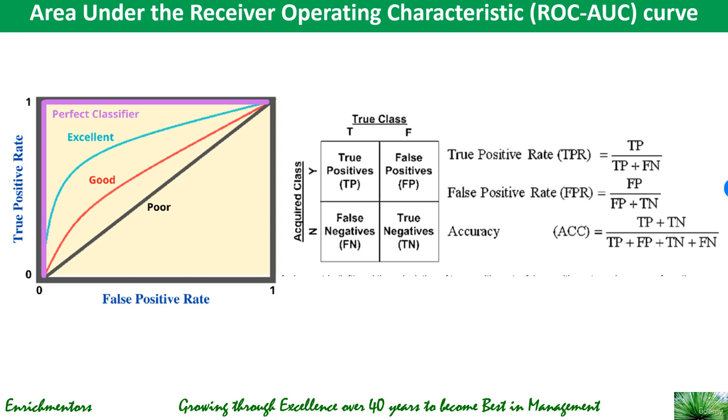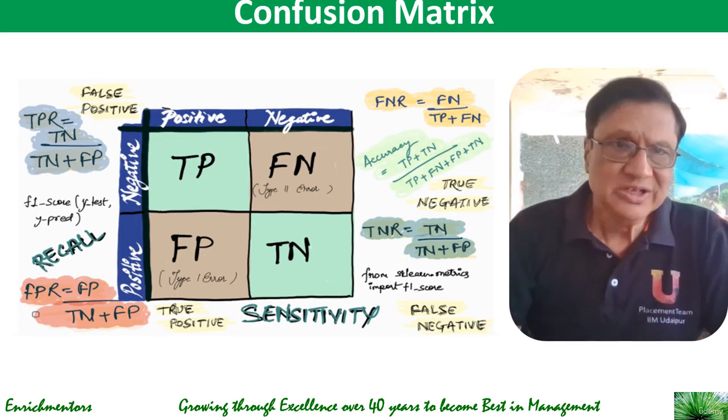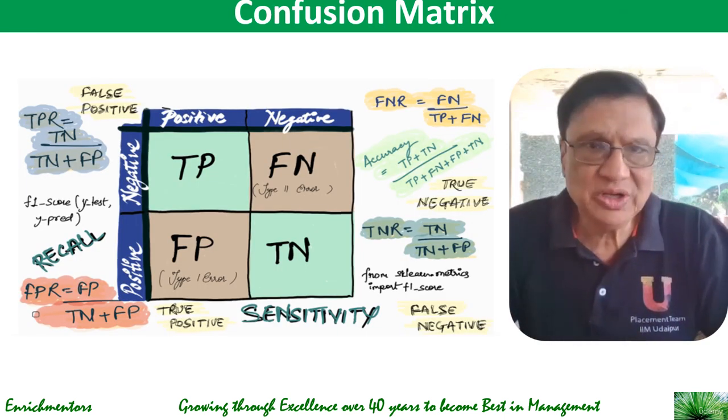And accuracy is, as we saw earlier, true positives plus true negatives, both of which you got right, divided by the total number of observations that you have. So that's what the ROC AUC curve is. The confusion matrix is pivotal to know.